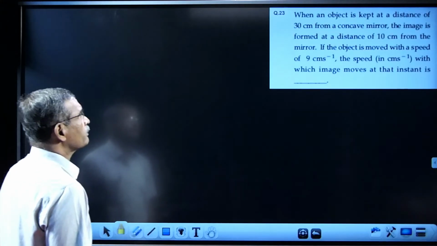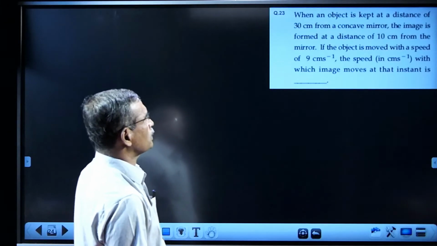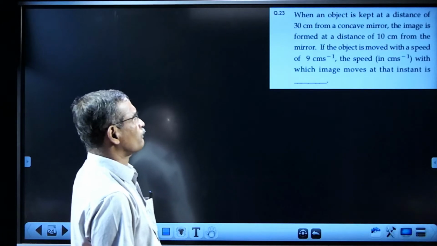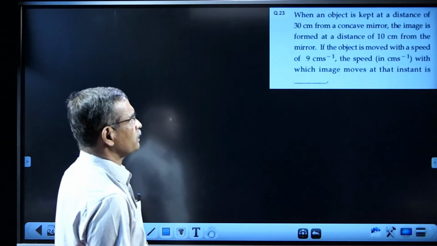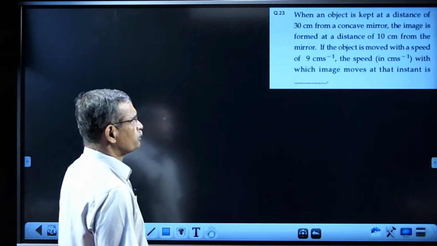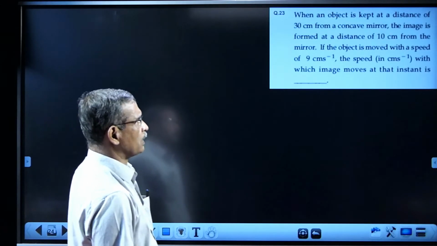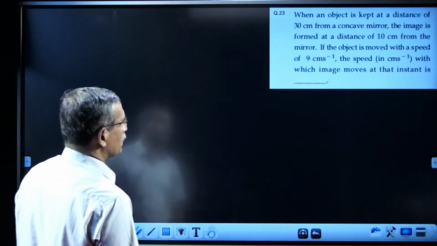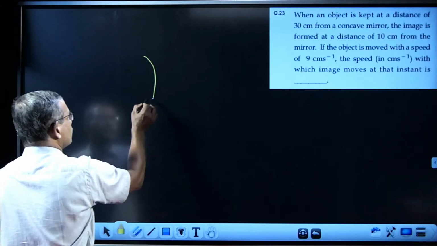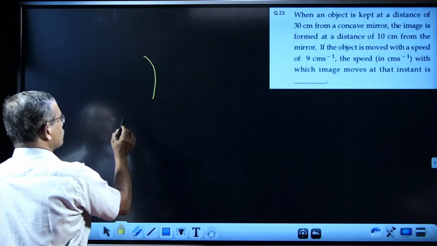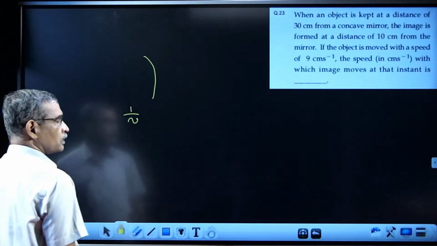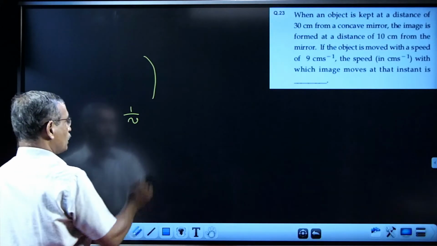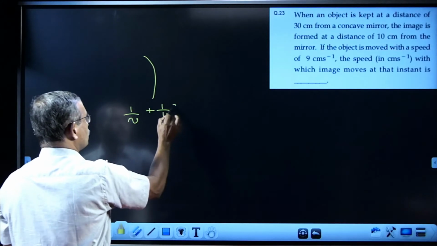Next question, 23. An object is kept at a distance of 30 cm from a concave mirror. The image is formed at a distance 10 cm from the mirror. The object is moved with a speed of 9. Then what is the speed in centimeter per second with which the image moves? Now, in the case of a concave mirror, 1 by v plus 1 by u is equal to 1 by f.